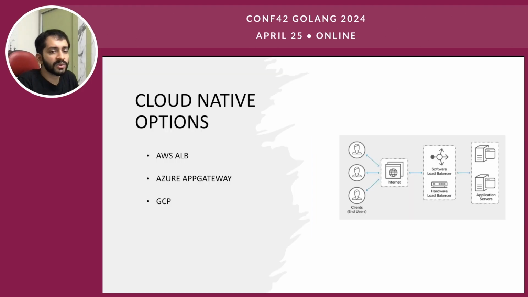So, what are the cloud native options that we have? AWS has its own offering called AWS ELB, Azure has App Gateway, and GCP has its own. In this case, we are primarily discussing layer 7 load balancing. We are not going to be discussing layer 4 load balancing.